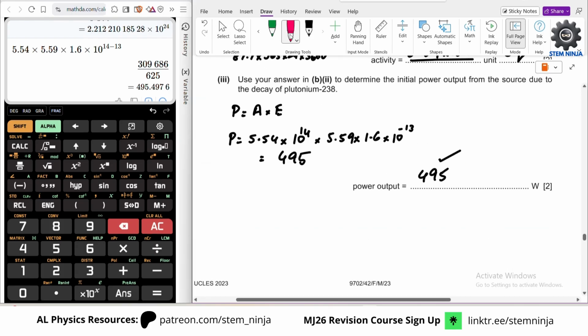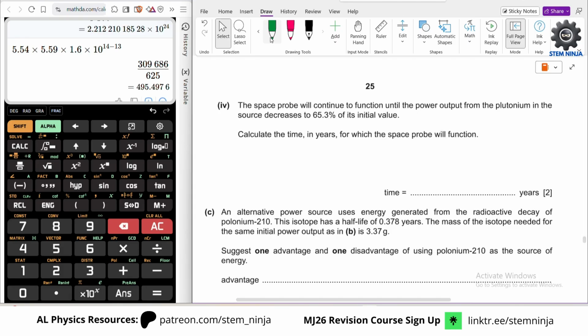We can see over here that power output is proportional to activity. So if you can figure out where activity drops to, what was the percentage? 65.3% of its value, we can figure this out. So we will use this equation, e to the minus lambda t.